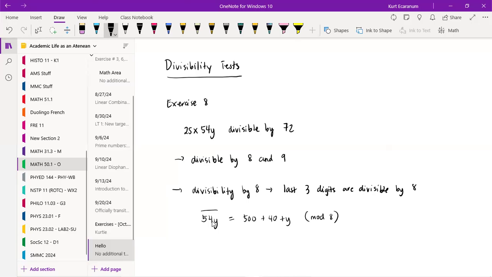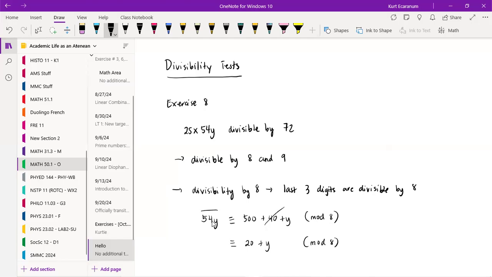So, mod 8, 40, we cancel that. And the number 480 is the nearest one for 500. Ang pinakamalapit I think is 20 for 500. 20 plus y mod 8.